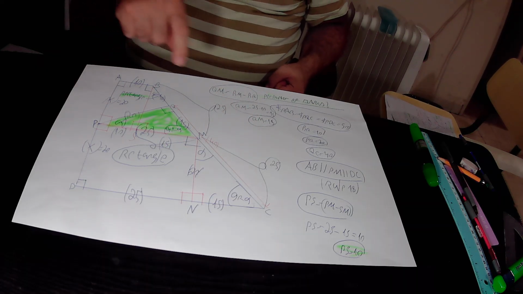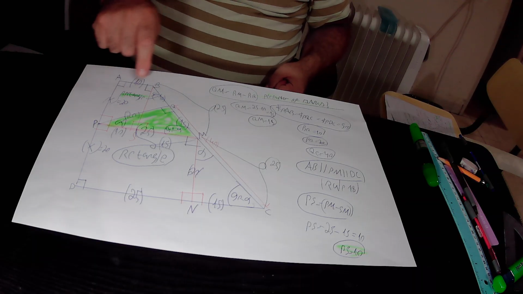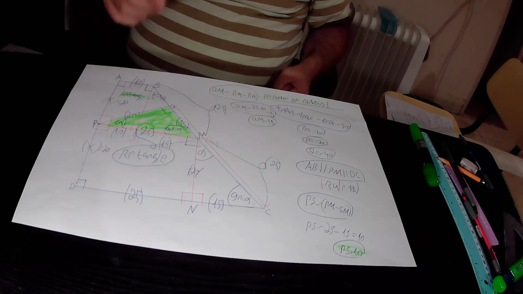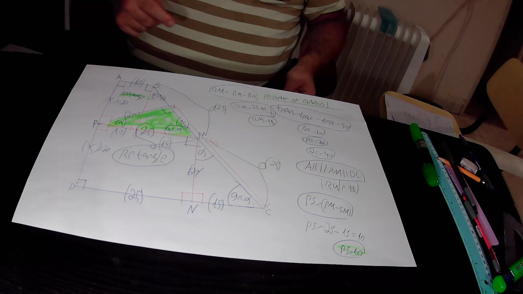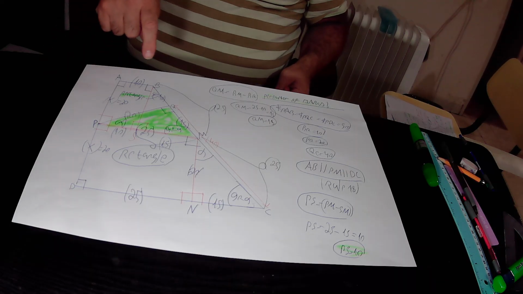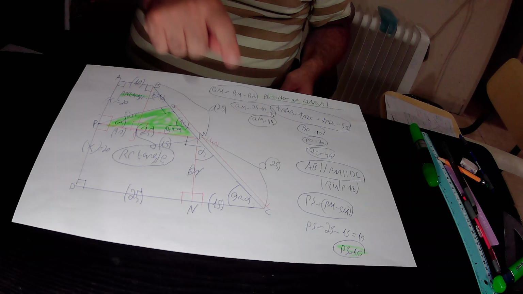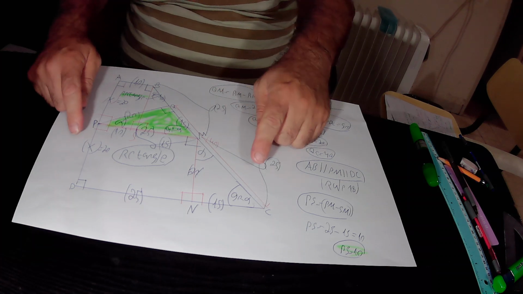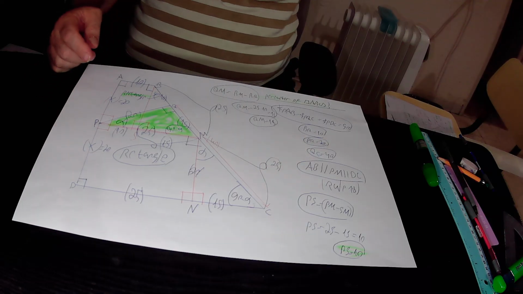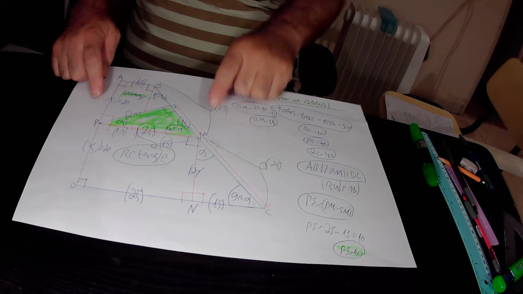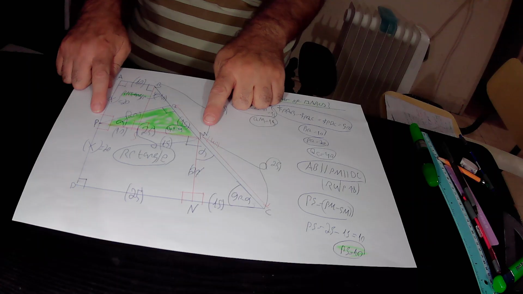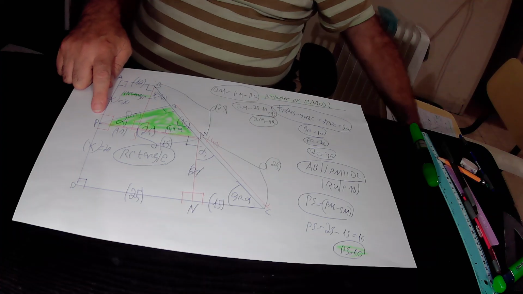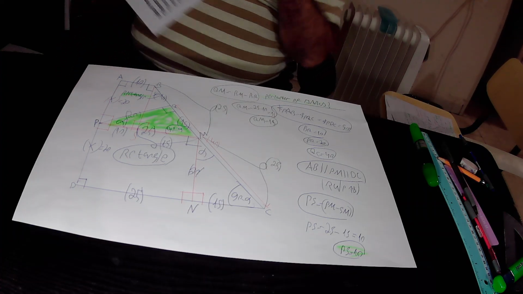So in trapezoid ABCD, side AB and side DC are defined as the bases of the trapezoid, while AD and BC, the two sides that are not parallel to each other, are defined as the legs of trapezoid ABCD. What is the definition of PM? PM is the mid-segment of trapezoid ABCD.